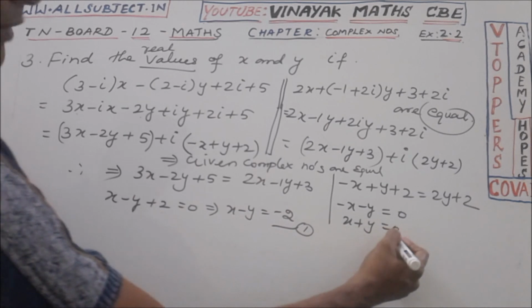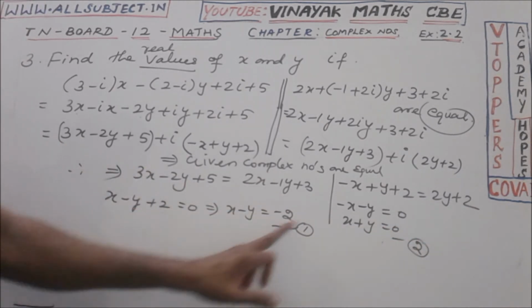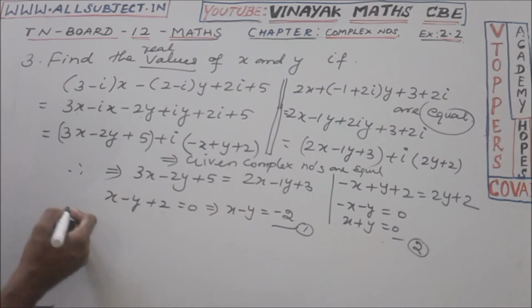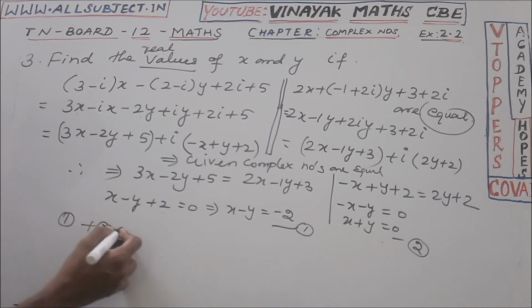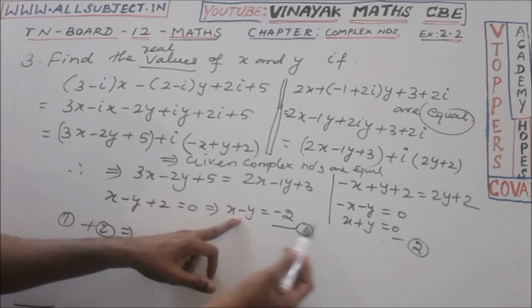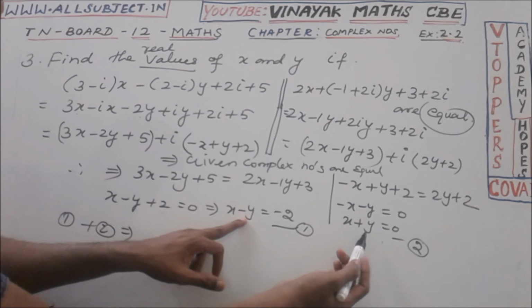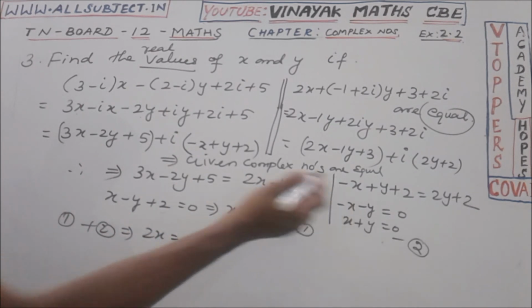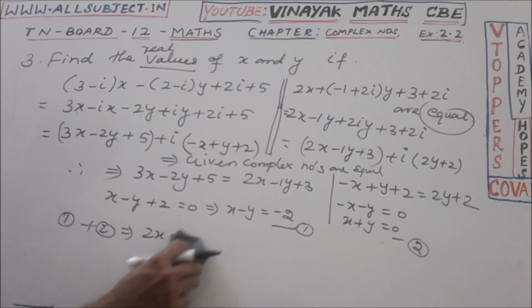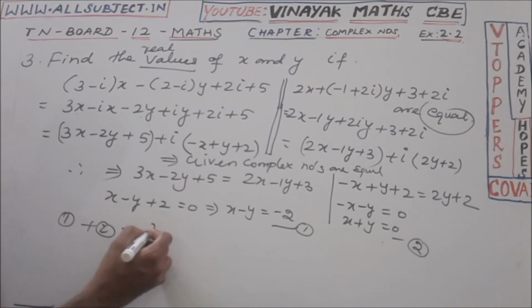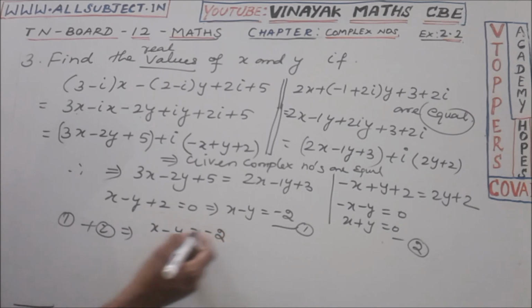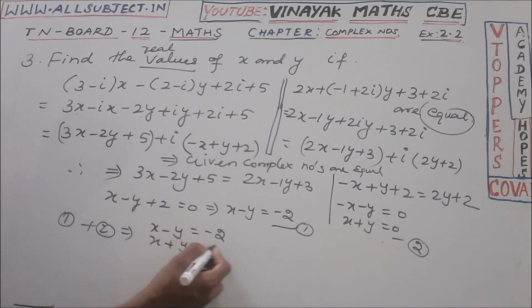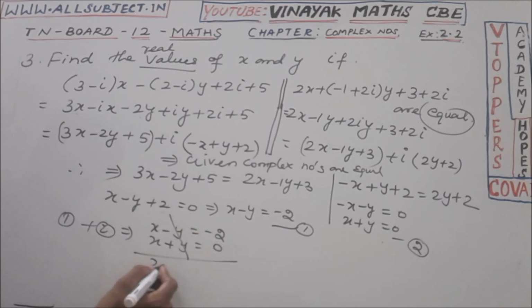Let this be 1 and the other 2. Adding these two, the y and y get cancelled, so 2x is equal to minus 2, which implies x is equal to minus 1.